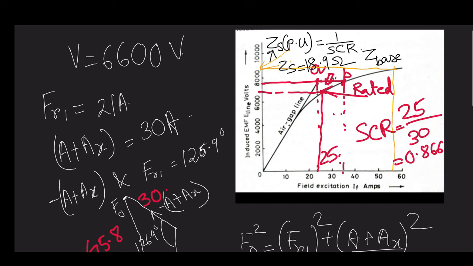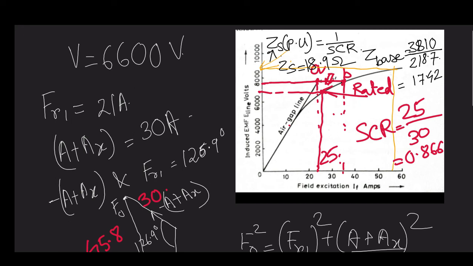Now what about Z base? Z base is equal to 3810 by 218.7, that is base voltage by base current. So that will give us something like 17.42.